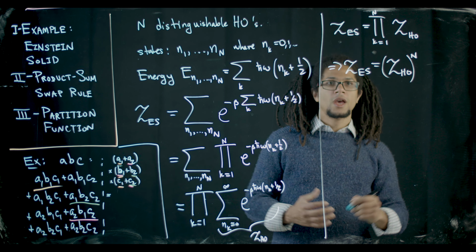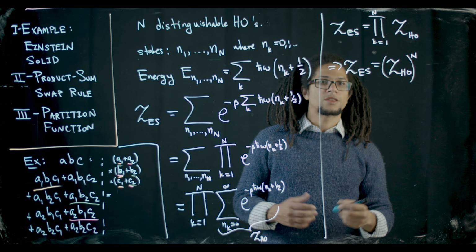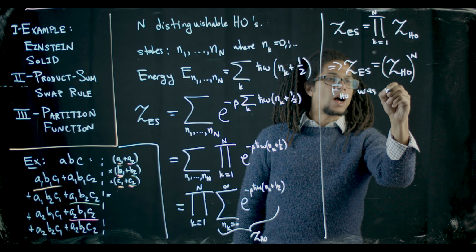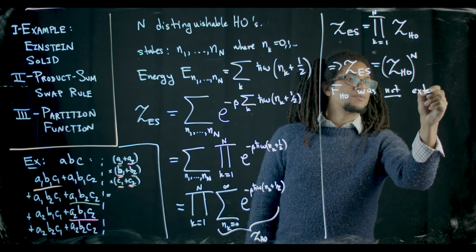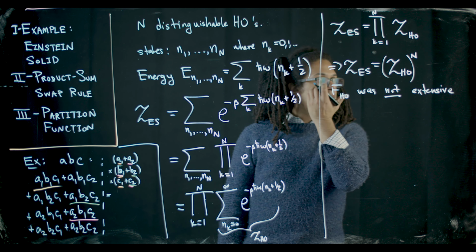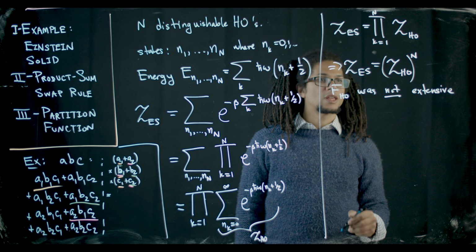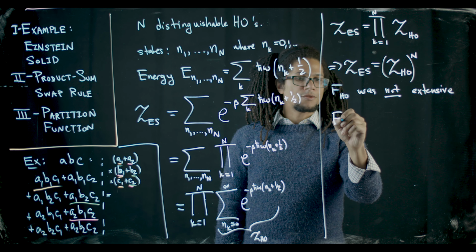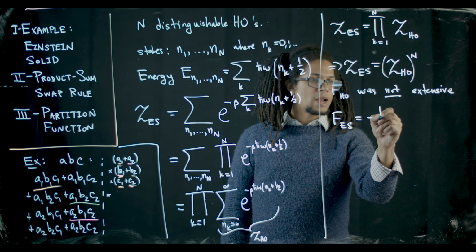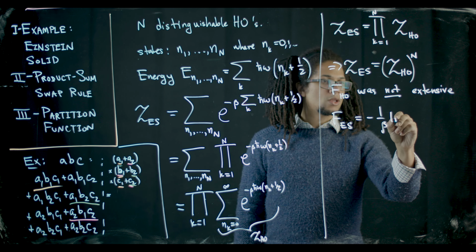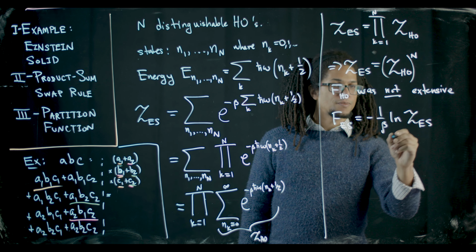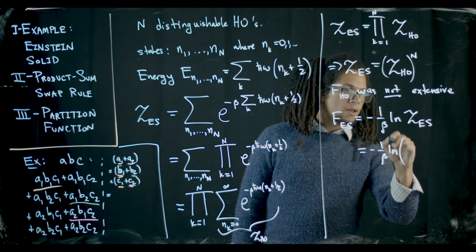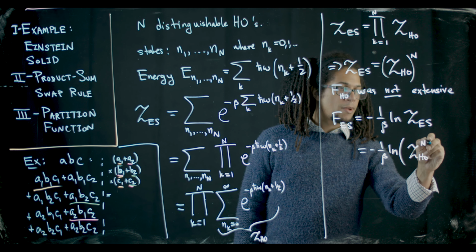Great. Now I made a note in the last video that the free energy for the harmonic oscillator was not extensive because we only had one particle. But now, given this relationship, we'll see that the free energy for the Einstein solid is extensive. That's because the free energy for the Einstein solid, which is minus 1 over beta times the log of Z_ES, is equal to minus 1 over beta times the log of Z_HO to the nth power.